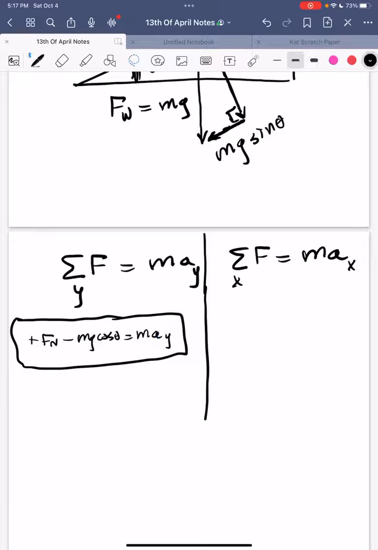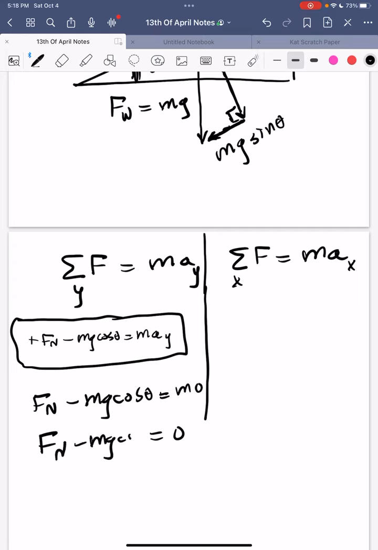So let's rewrite this equation like this. The normal force is positive, minus mg cosine theta equals m times 0. Well, that must equal 0. So I have the normal force minus mg cosine theta equals 0. I can just add mg cosine theta on both sides. So I add that.